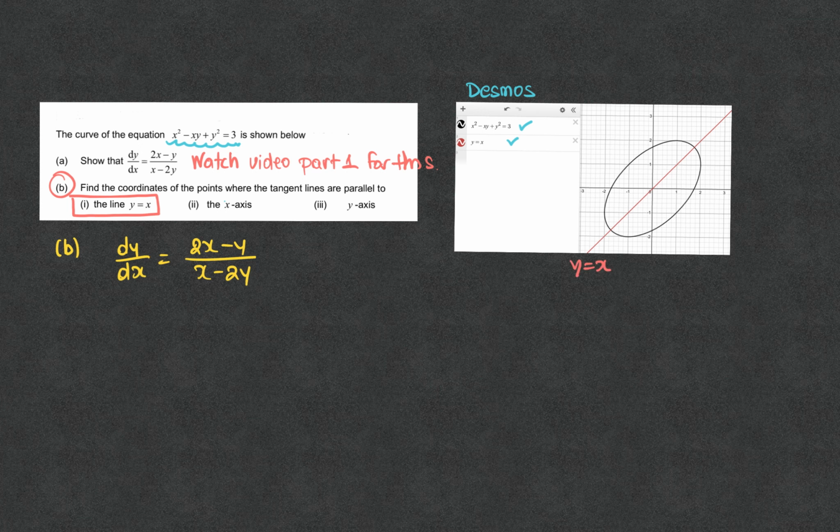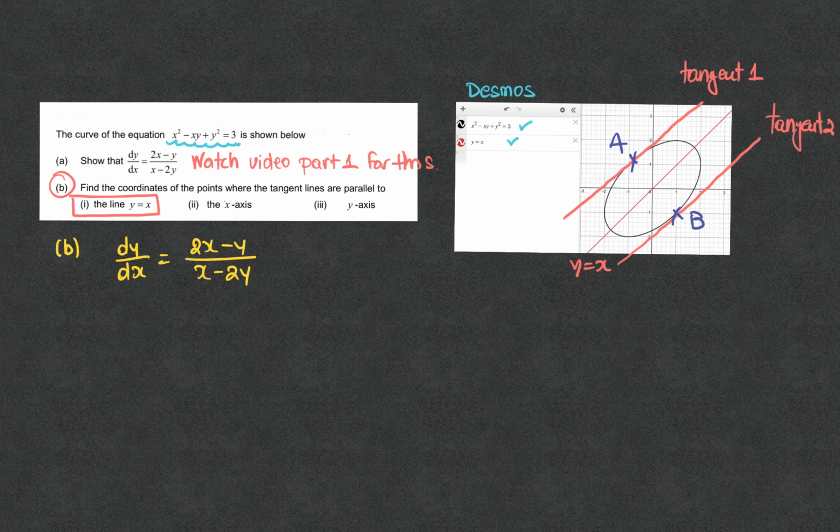There's going to be one tangent up here and another one down here, tangent 1 and tangent 2, and what we want to find are the points. Let's put point A here and point B here.